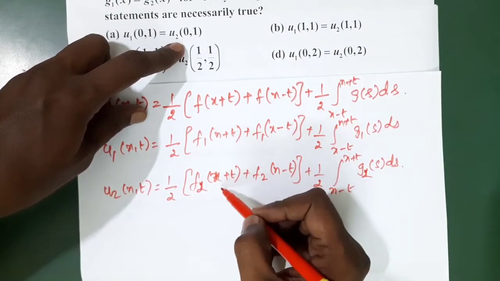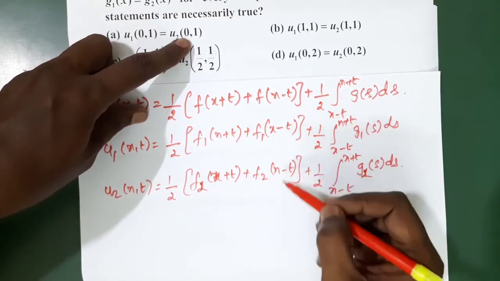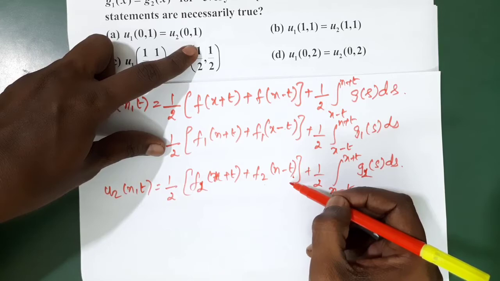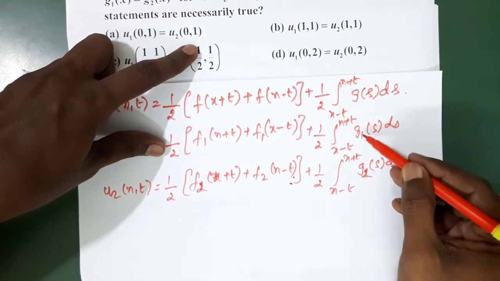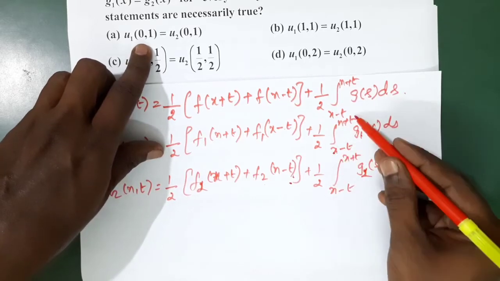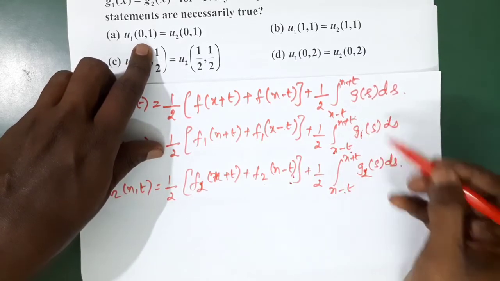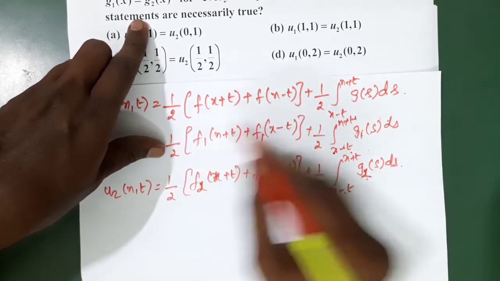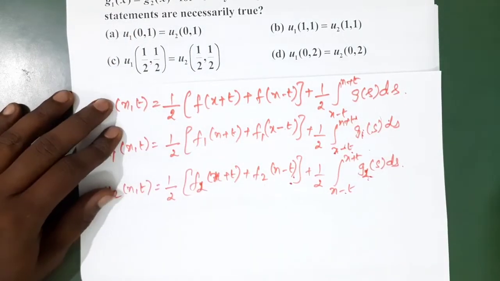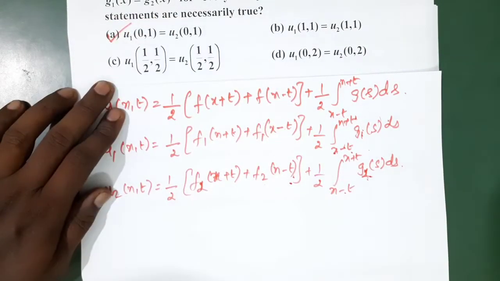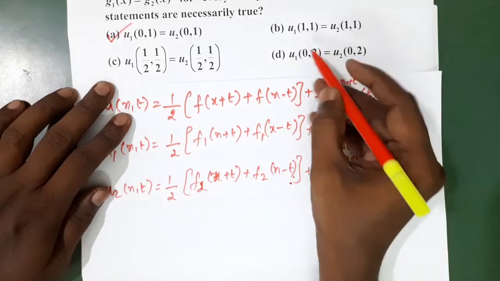So these two values are the same. And f1 of minus 1 and f2 of minus 1, these two are also the same. So g1 and g2 are the same in the interval minus 1 to 1. So everything is the same. So the first option is right. Option A is right. So what about the second option?